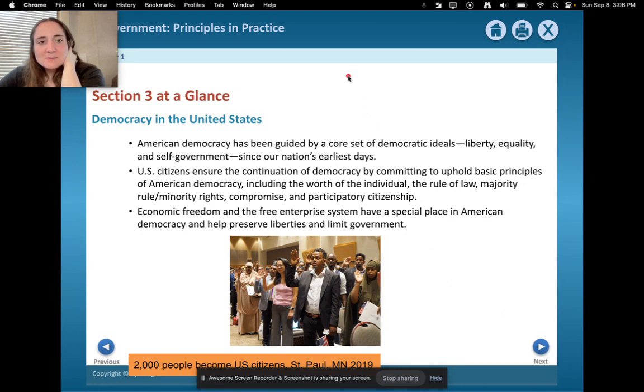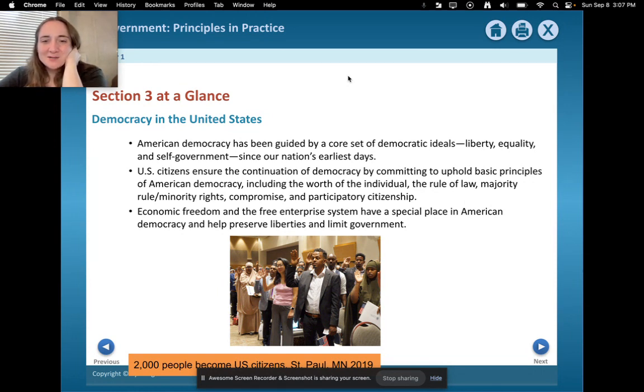All right, so let's talk about democracy in the United States. American democracy has been guided by a core set of democratic ideals, such as liberty, equality, and self-government, since our nation's earliest days. U.S. citizens ensure the continuation of democracy by committing to uphold basic principles of American democracy, including the worth of the individual, the rule of law, majority rule, minority rights, compromise, and participatory citizenship.